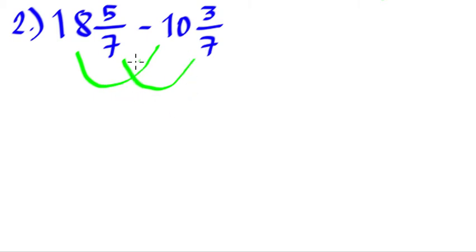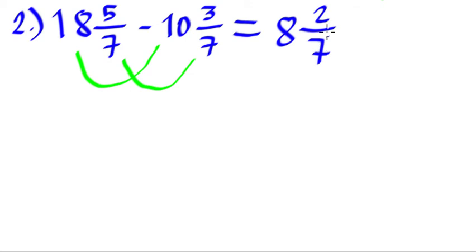And don't forget, we are only doing this if we have similar fractions. So 18 minus 10, that's going to give us what? 8. Then since they are similar, we're just going to copy the denominator 7. 5 minus 3 is going to give us 2.